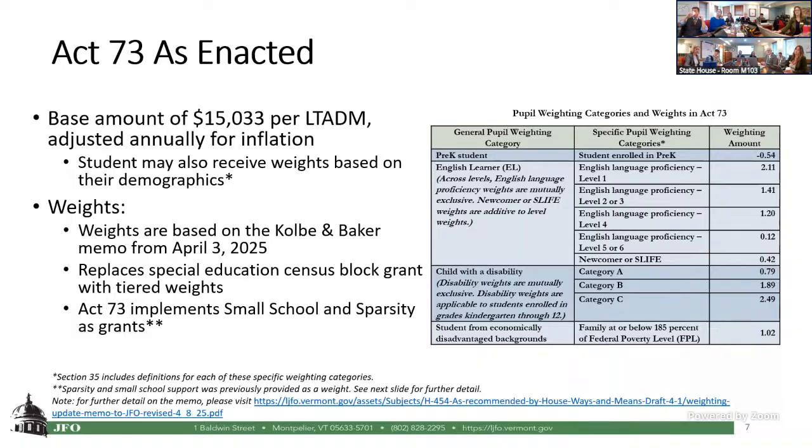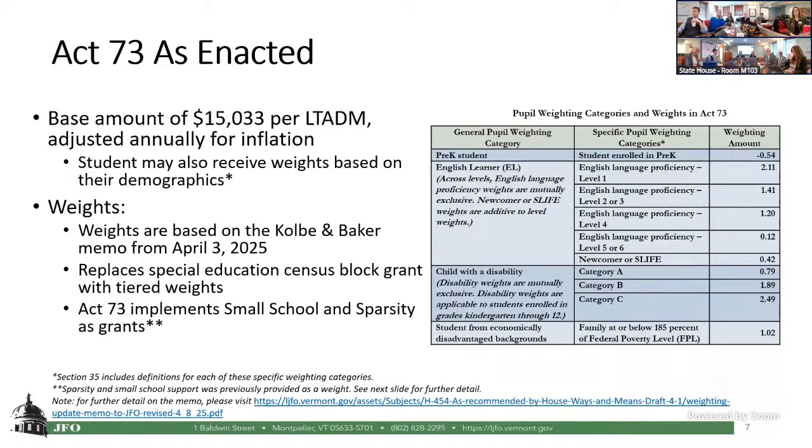That is the long-term membership of a pupil without any pupil weights. Act 73 also allows for students to receive weights based on demographic characteristics such as FPL or EL. Those weights are based on the Colby and Baker memo released in April of 2025.